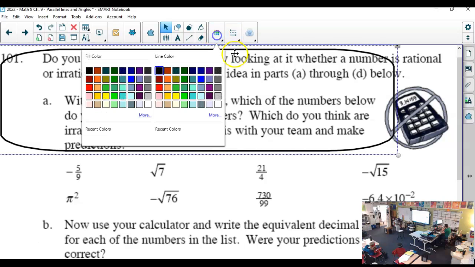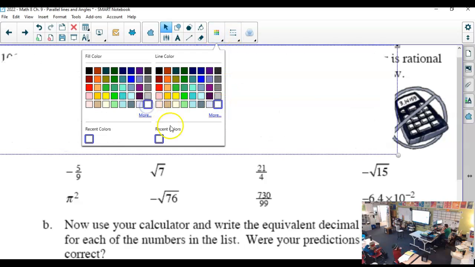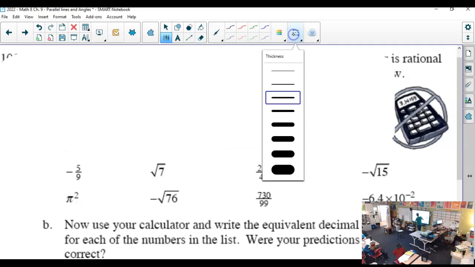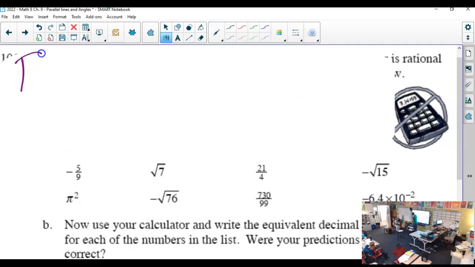Every table just had one person being a calculator. Is 7 rational? Wait, why'd you make it that? Square root of 7. Big square brain. For a nice square. Yeah.